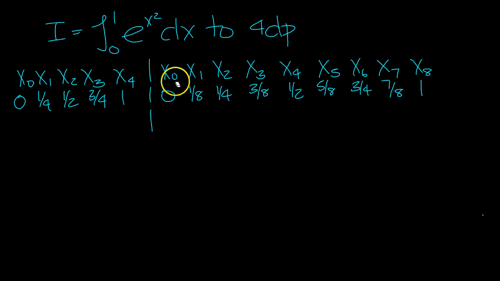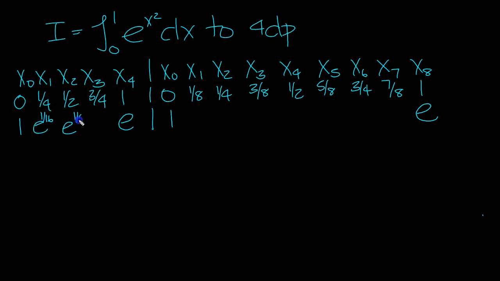Okay, so now we need our y values. y0 would be e to the 0 squared, and e to the 0 is 1. And e to the 1 is e. This would be e to the quarter squared, e to the 1 over 16.